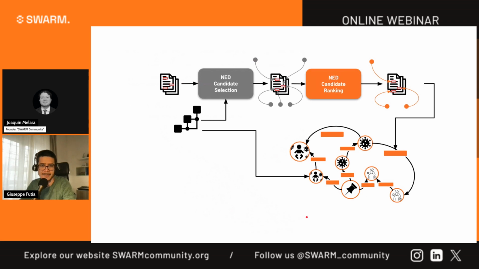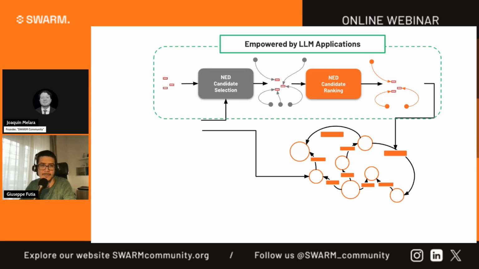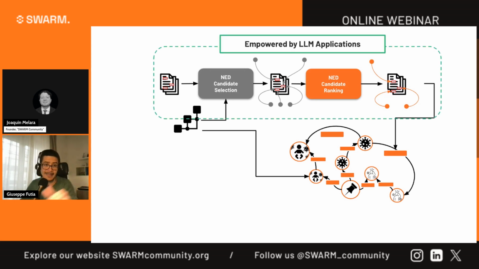So the idea is that this was our original architecture. We can empower this architecture at a different level using large language models, but at the same time, when we create a knowledge graph at the end of this named entity disambiguation pipeline, we can reuse this condensed knowledge in order to perform the named entity disambiguation on new documents, for instance, or new reports, or other types of content.